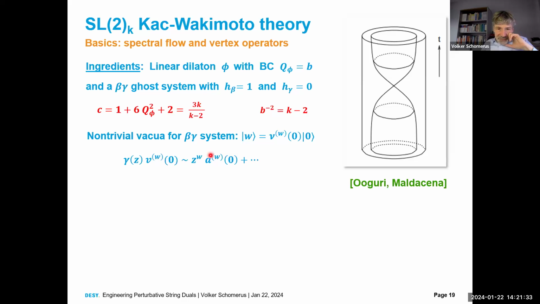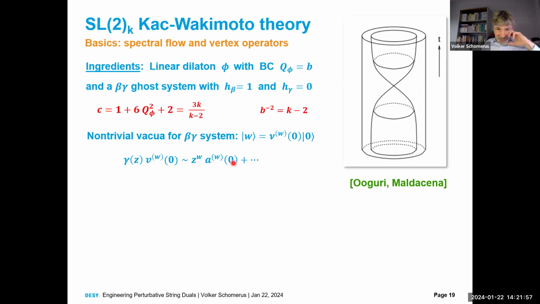The beta would vanish. Okay, the gamma would, if W was equal to 0, just be 1. But in this twisted vacuum, in fact, gamma has a 0 of order W.